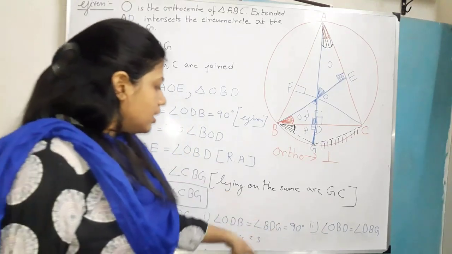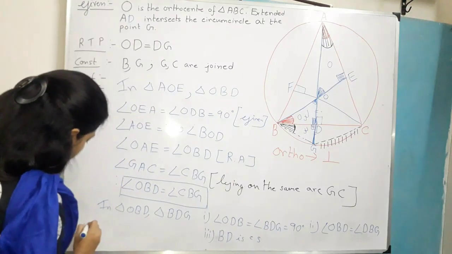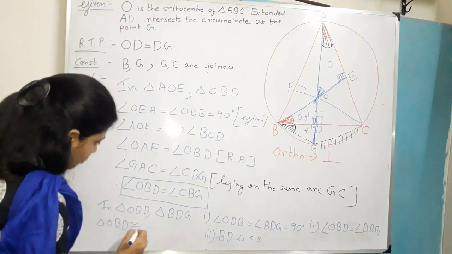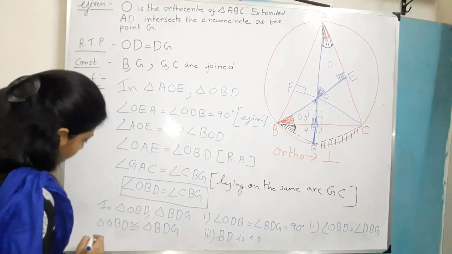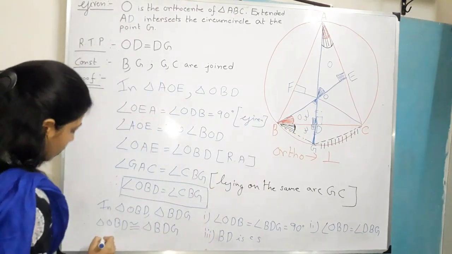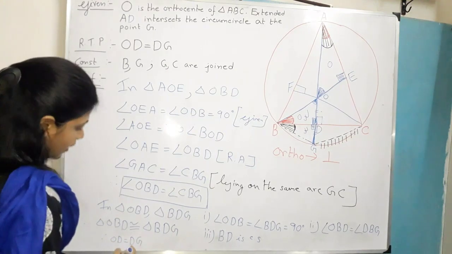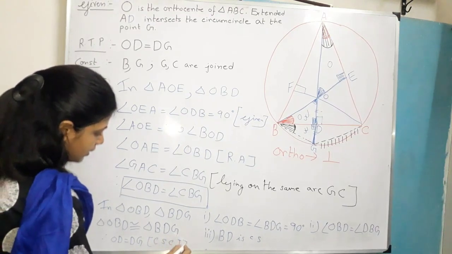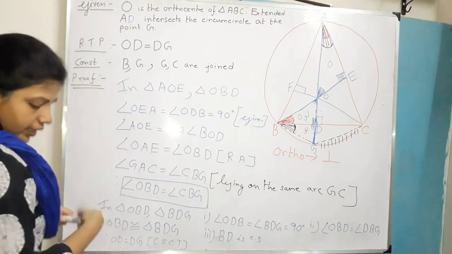So 3 conditions are done. Therefore triangle OBD is congruent to triangle BDG. Since these two triangles are congruent, therefore OD equals DG, because corresponding sides of congruent triangles are equal. This was what we had to prove, and I have proved it here.